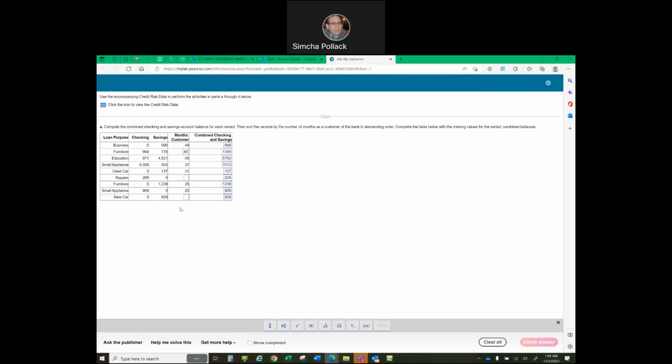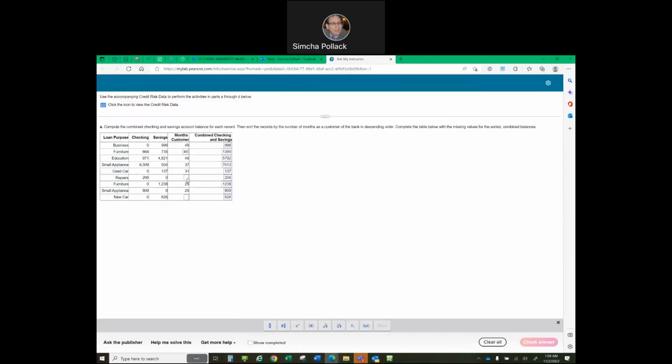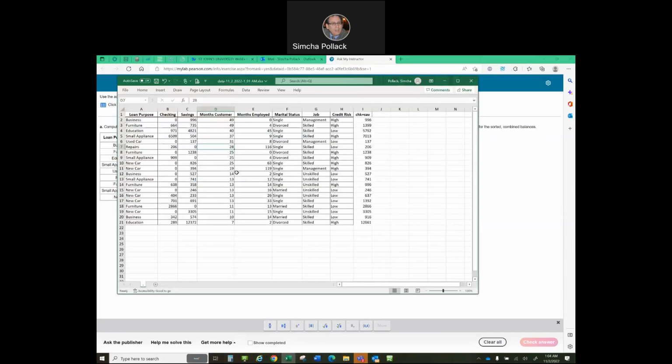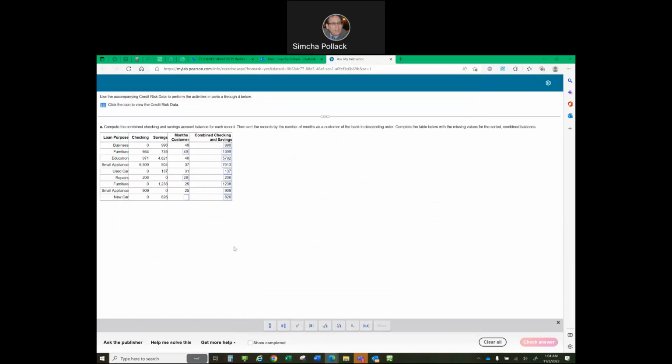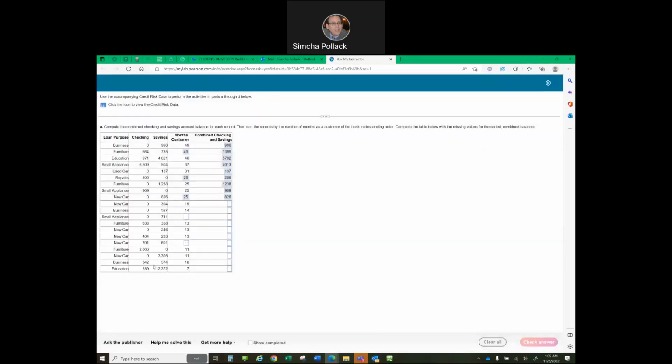Repairs. Month customer is 28. This one, new car, was 25. No mistakes.